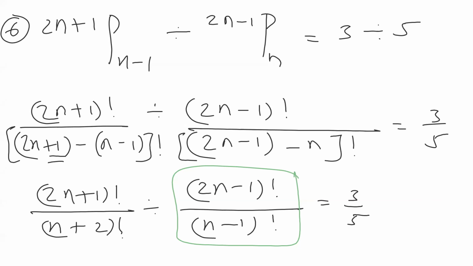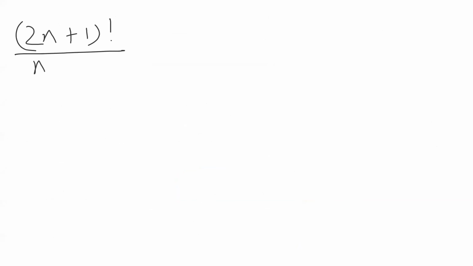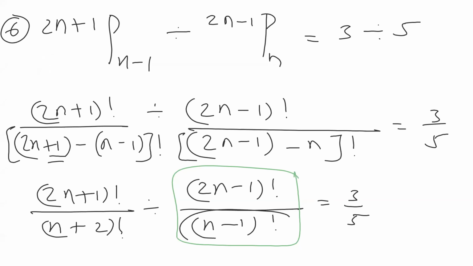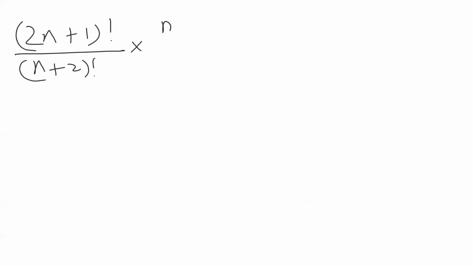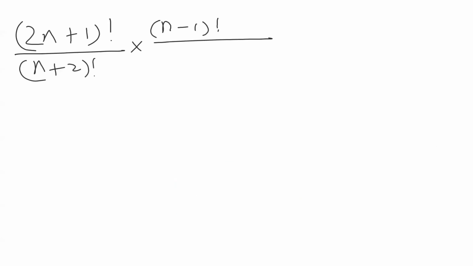So 2n plus 1 factorial upon n plus 2 factorial, division becomes multiplication, n minus 1 factorial upon 2n minus 1 factorial, equal to 3 by 5.